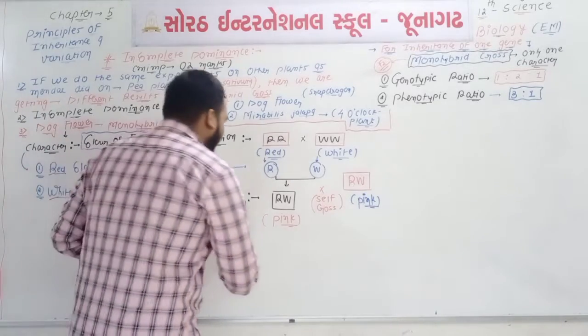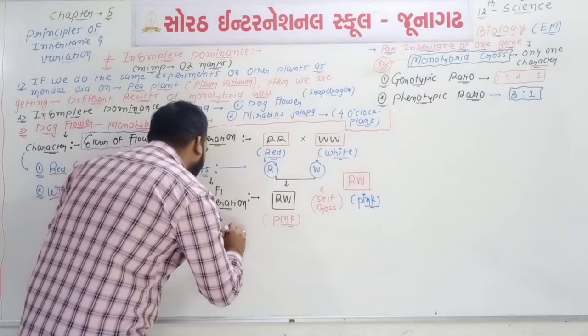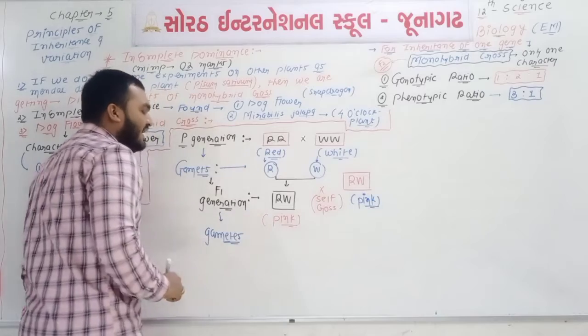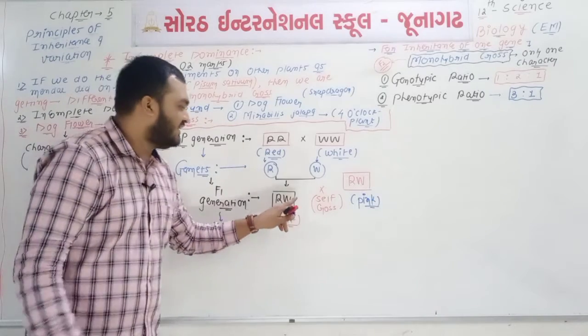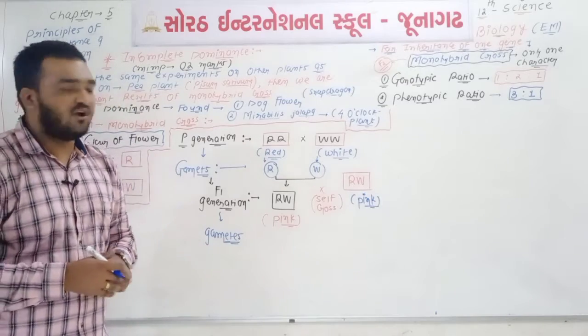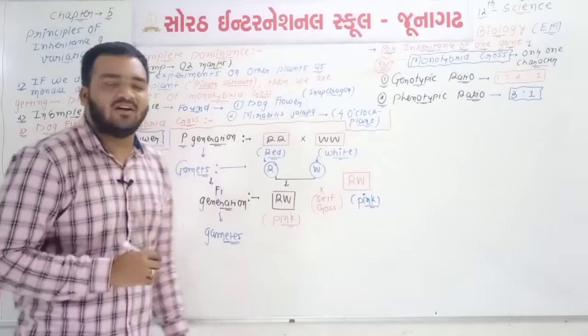Now if you want the F2 generation, then the gametes, okay, you know that gamete production is important for sexual reproduction. So if we write the gametes of the F1 generation, see here, is it homozygous or heterozygous? These both are heterozygous. So heterozygous will produce different types of gametes in different numbers.